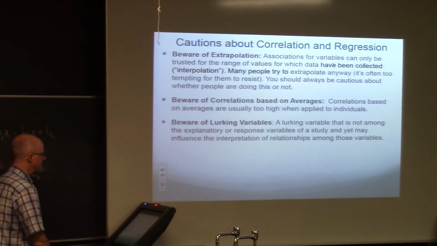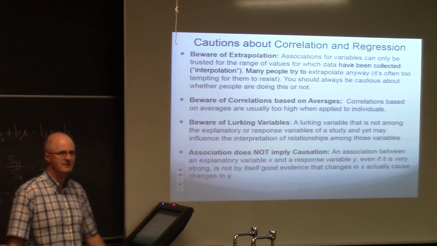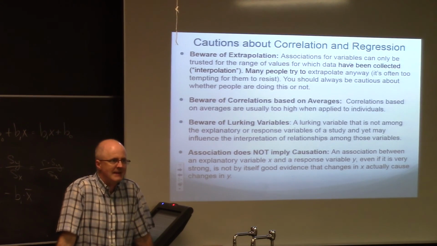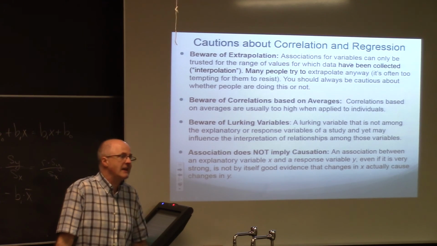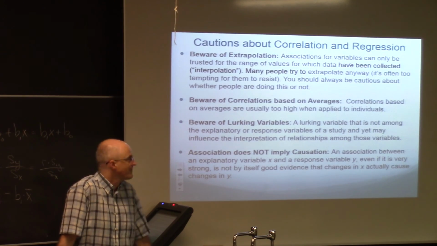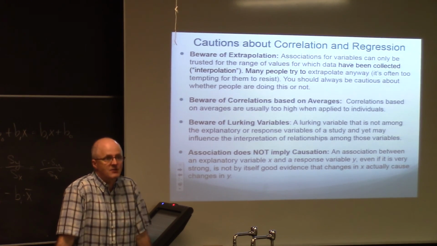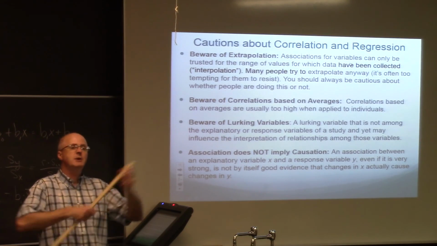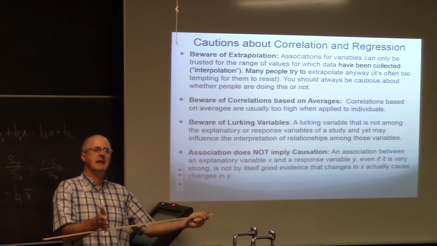There are cautions in the book about using correlation and regression. Let me just say you should read about these, think about them, and you'll have some homework problems. There'll be essay-like questions related to these things. Quickly summarize, beware of extrapolation, trying to use the regression line outside the range of data values.